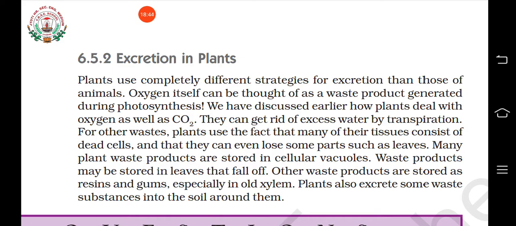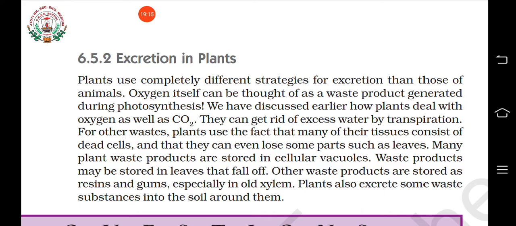Then other waste materials: some dead cells or leaves, they simply lose sometimes. Some of the parts they lose by shedding them. Then many other waste materials they store in their cellular vacuoles.